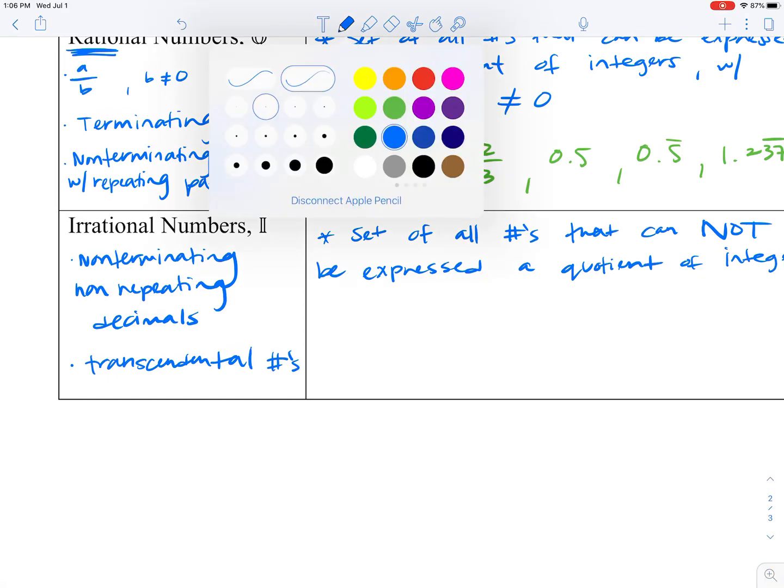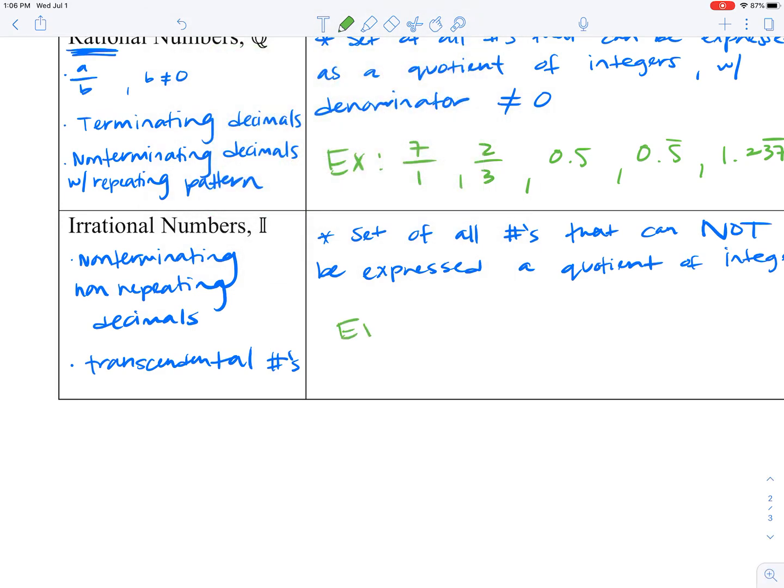But the most famous transcendental numbers are e, Euler's number, which is approximately 2.71, and then pi, 3.14 approximately.